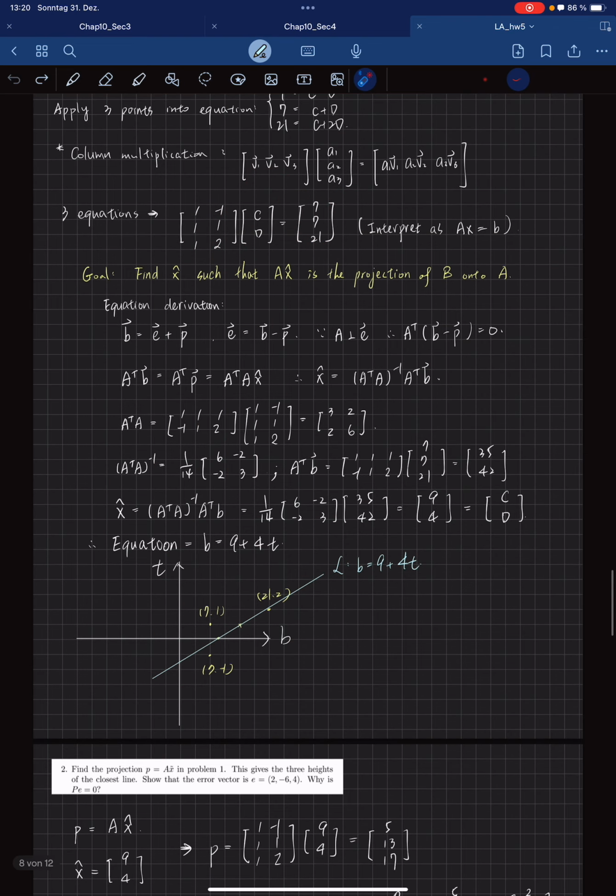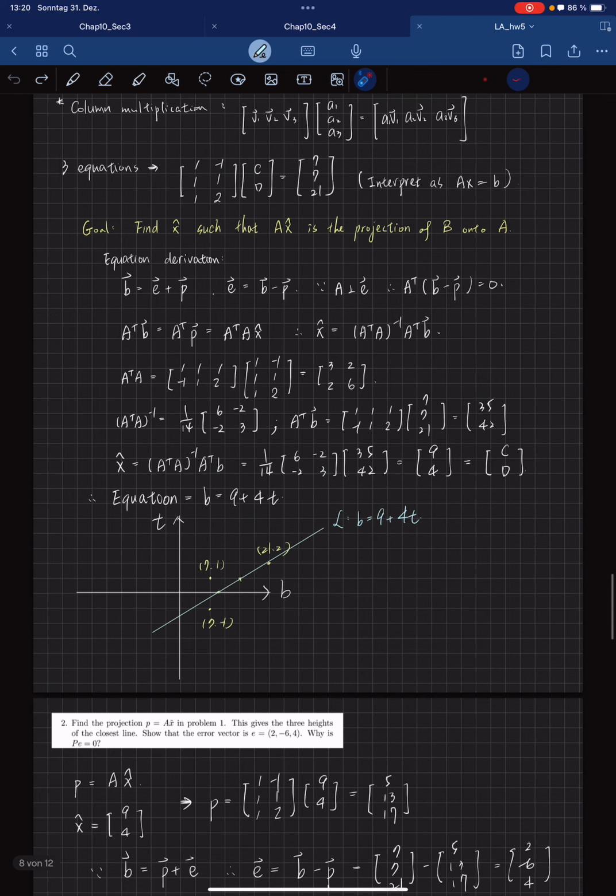From the textbook, we can actually derive that equation. We can dissect our b into the sum of an error vector e plus a parallel component of the A matrix, which is denoted as p. Now we move the p to the left-hand side, and we get e is equal to b minus p.